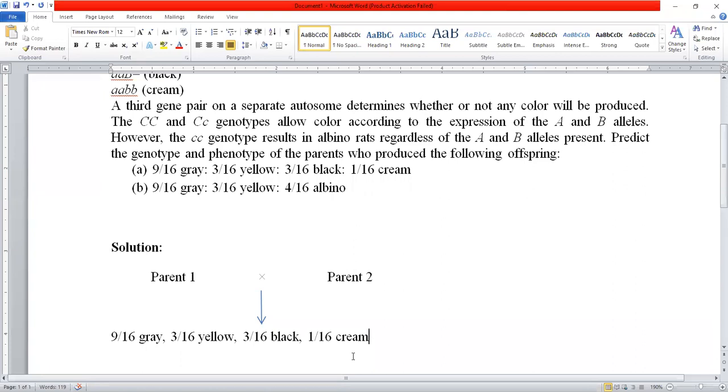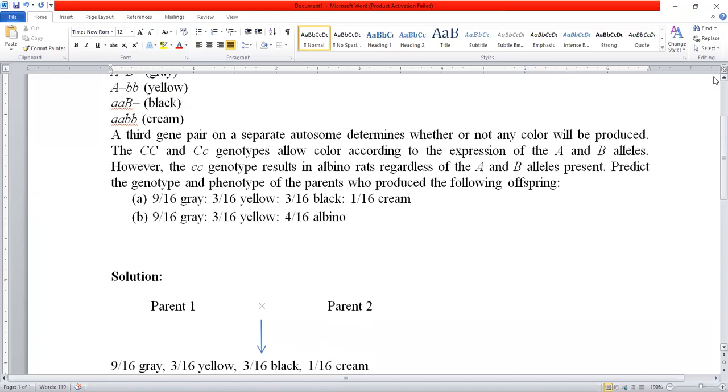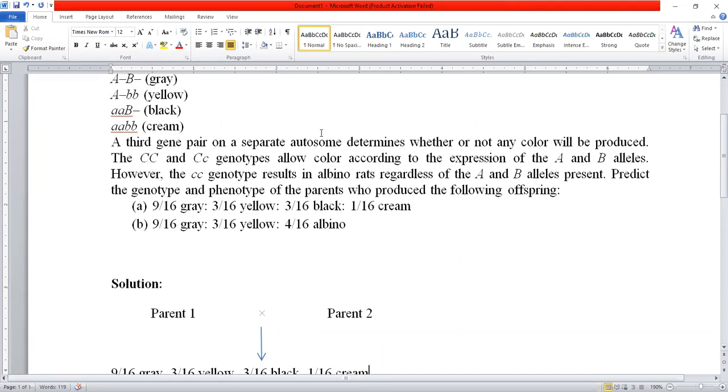Now we have to assess which gene pair is in homozygous condition. So we can consult the given data. The data says that if the genotype is capital A dash capital B dash, the gray color would be produced.